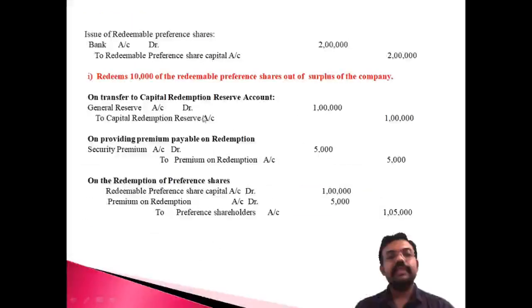Here the general reserve account debited to the capital redemption reserve account, this is 1 lakh, relating with the profit. Okay, the next is securities premium. And securities premium we treat separately, what is the journal entry? The securities premium account debited to the premium on redemption.